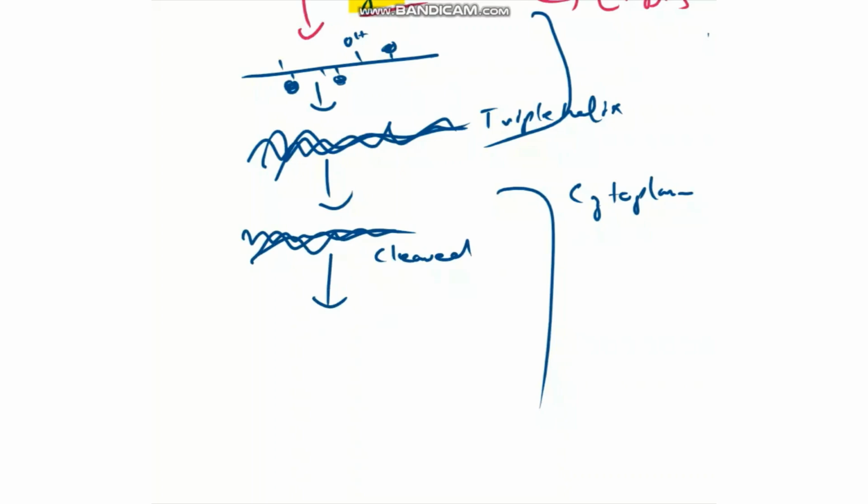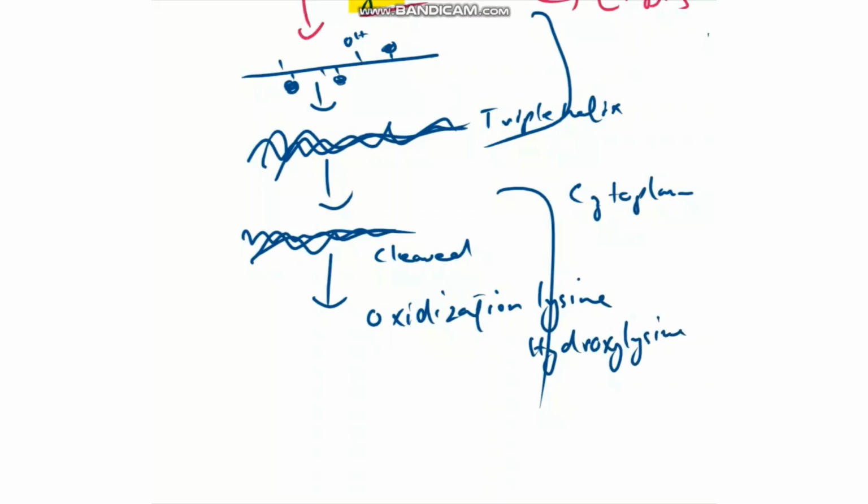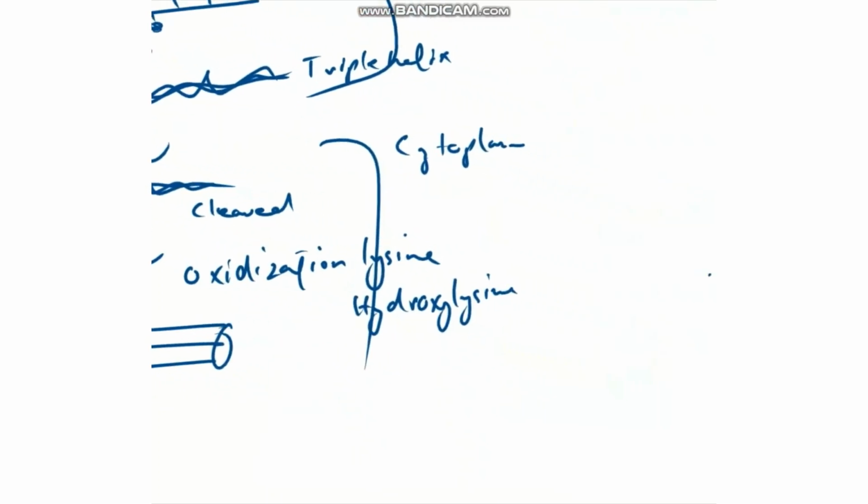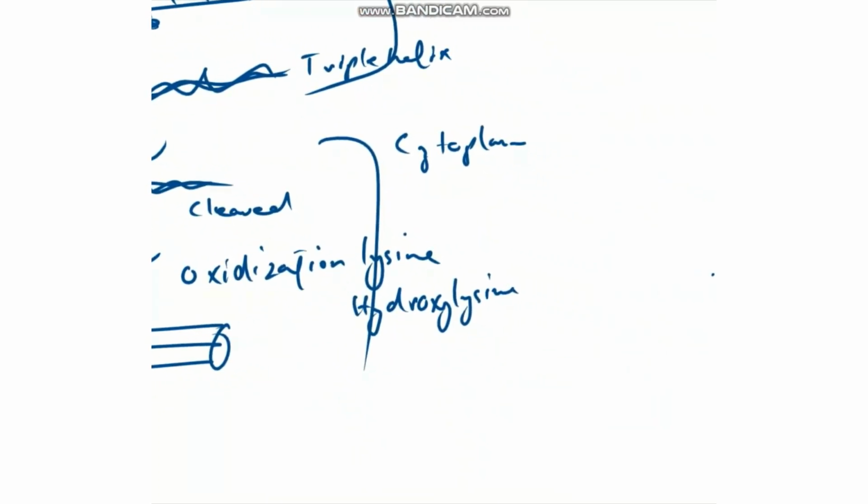And then a very major step that happens is that there's oxidization on lysine and hydroxylysine residues, which allows these triple helixes that are now cleaved to be arranged into fibrils. So these will be arranged into fibrils, and this oxidization is dependent on copper, by the way.